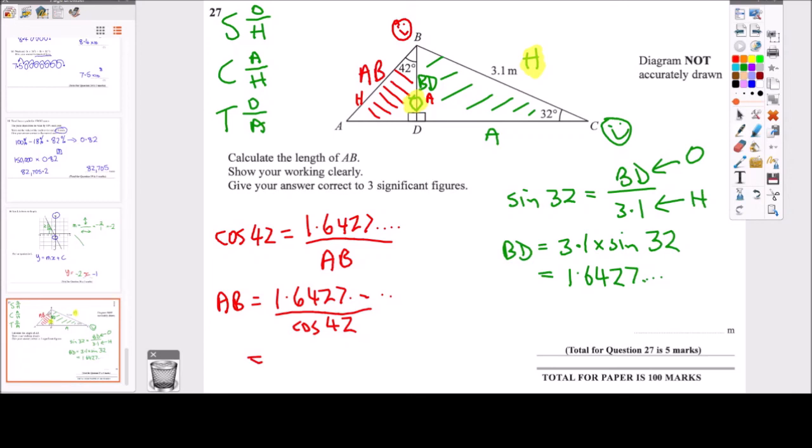I've kept that 1.6427 already in my calculator, so I've got that exact at the moment. And then I'm going to divide that by cos 42 and press equals. And I get 2.2105... So to three significant figures, which means 3 digits in total, my final answer is going to be 2.21 meters.